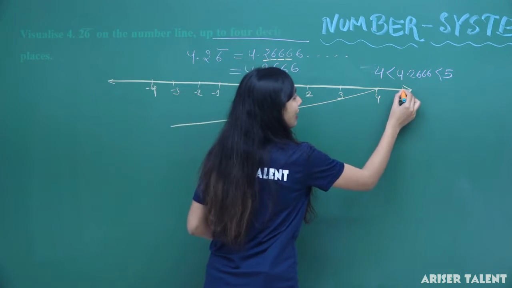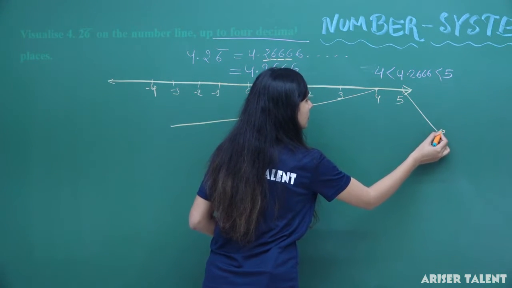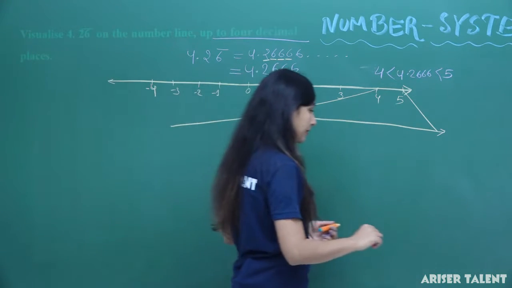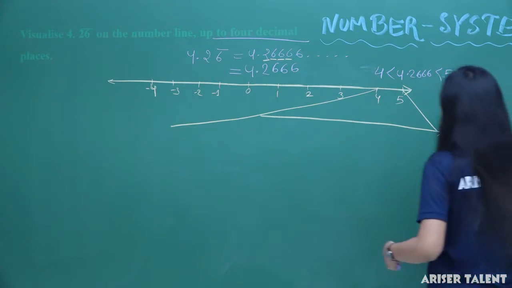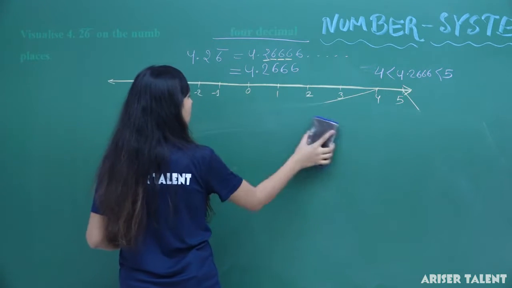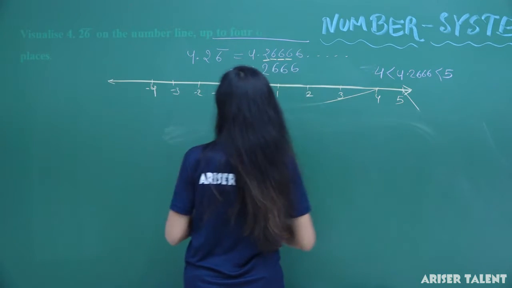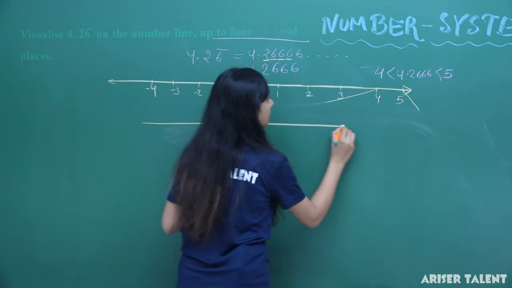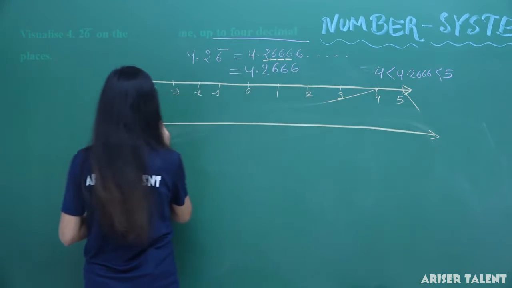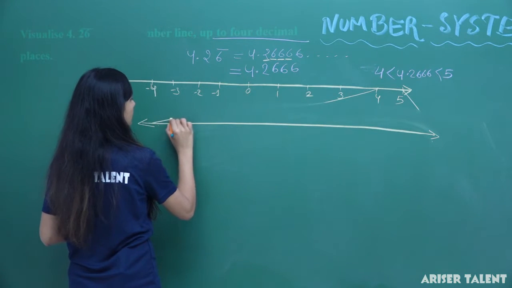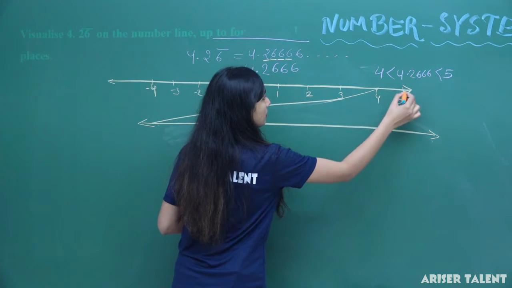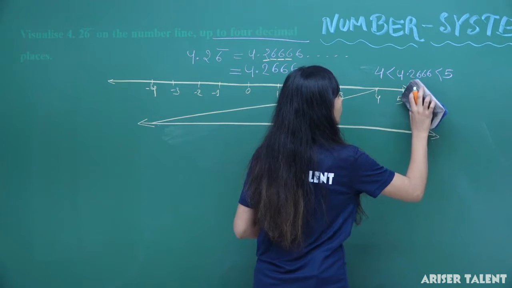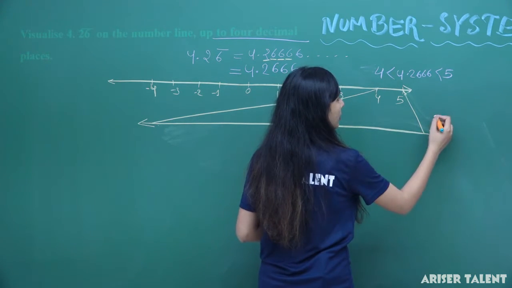Okay, so I'll be magnifying this one, and there will be our line, and that's a little bit inconvenient. So we'll draw it again. Okay, that should be the line. Okay, so between 4 and 5.